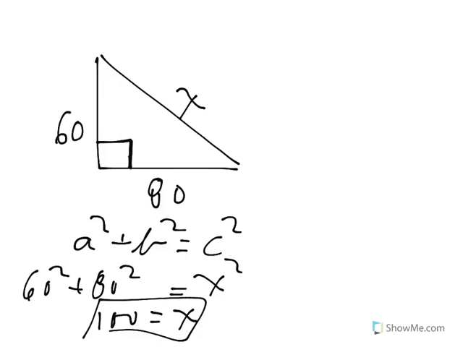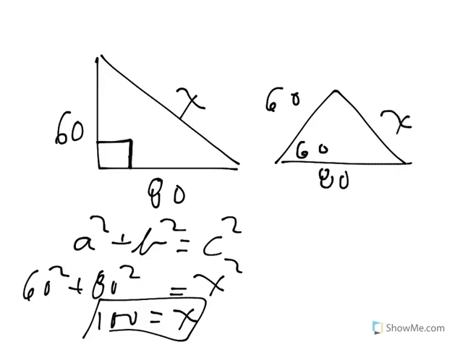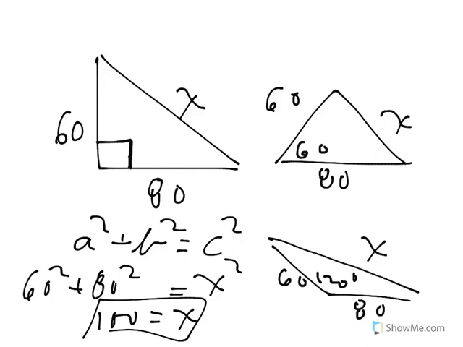But what if I had an angle other than 90 degrees between the 60 and the 80? Or I had an angle greater than 90 degrees formed by the 60 and the 80 side.